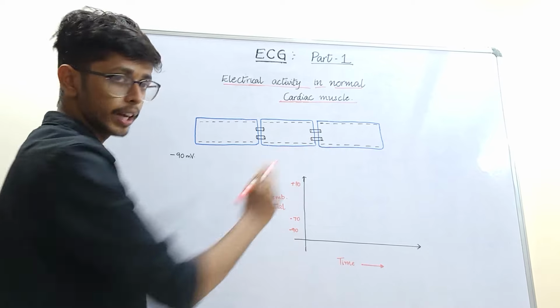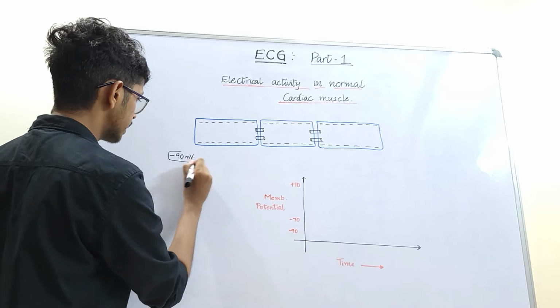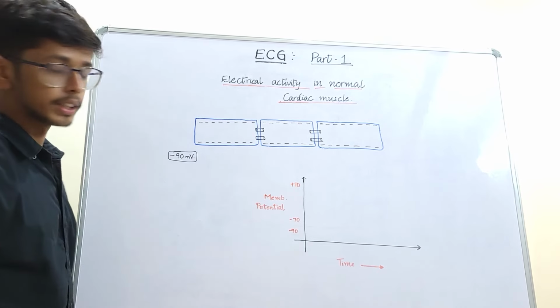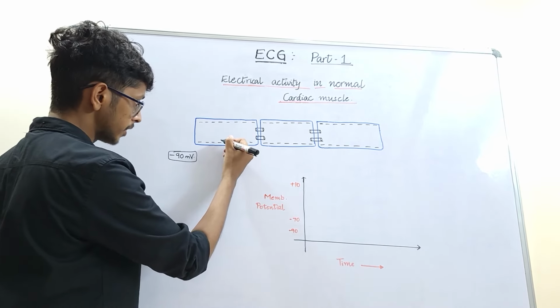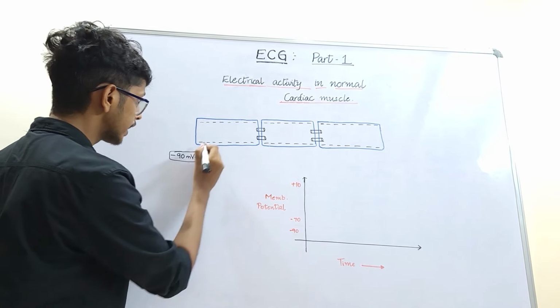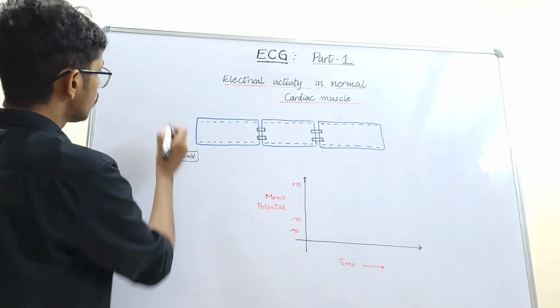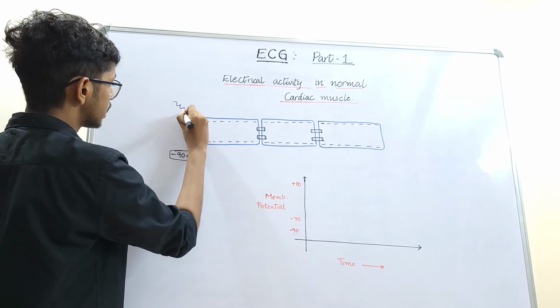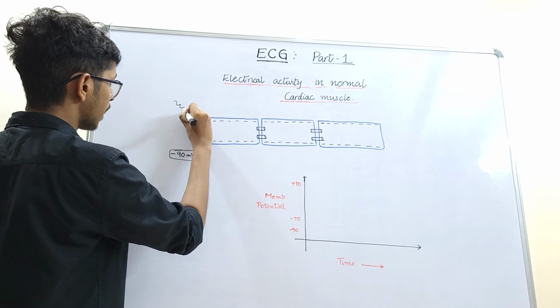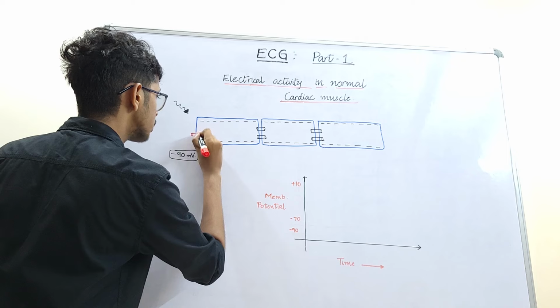Consider this as a cardiac myocyte, and the resting membrane potential in the cardiac myocyte is minus 90 millivolts. This means the potential difference between the inside of the cell to the outside is minus 90 millivolts, and the inside is negative, that is why minus 90. And when there is any stimulation, that is from SA node or from the adjacent cells, what happens is some sodium channels will be opened guys.